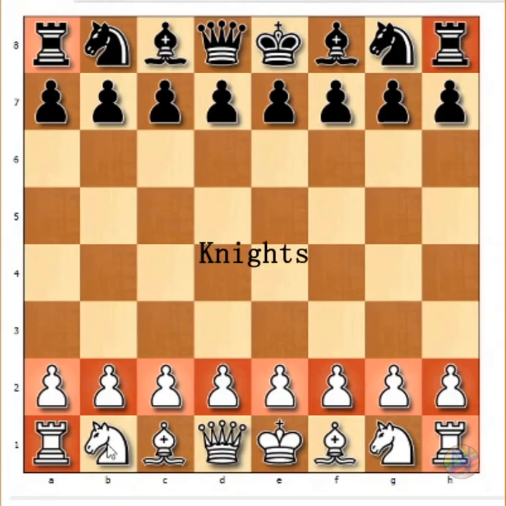Then these are knights, then bishops. Note that the white queen will always lie on the white square. Similarly, the black queen will lie on the black square, and all other pieces will be set up same as the white.